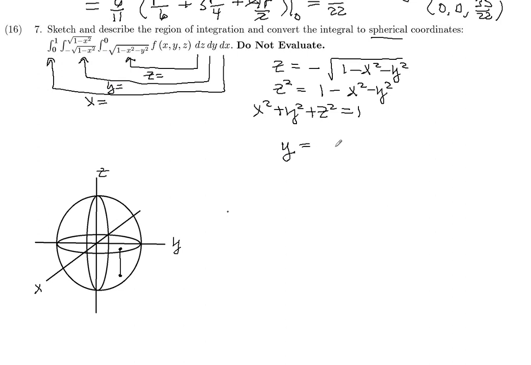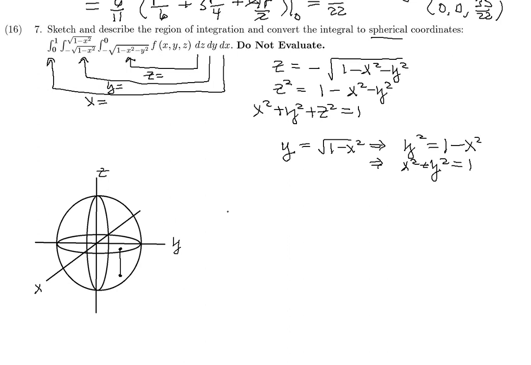So if y equals root 1 minus x squared, the top, then you square both sides, y squared is 1 minus x squared, and bring the x squared over, x squared plus y squared equals 1, which is the unit circle. And that's the projection onto the xy plane, the plane of the remaining variables. So that's right here. Our two-dimensional domain of integration is going to be in there.